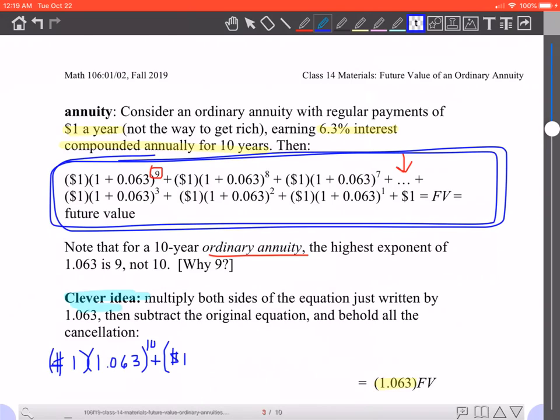So $1, 1.063 to the 9th. $1, 1.063 to the 8th.